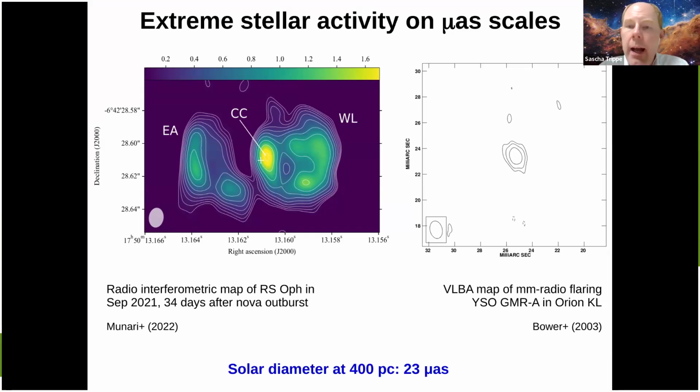On the right-hand side, this is an observation that was completely coincidental, and this kind of observation is exceedingly rare. This is why I bring an example map here. Again, a VLBI map, actually from the VLBA, the Very Long Baseline Array in New Mexico in the US, obtained more than 20 years ago, because there are very few such maps.